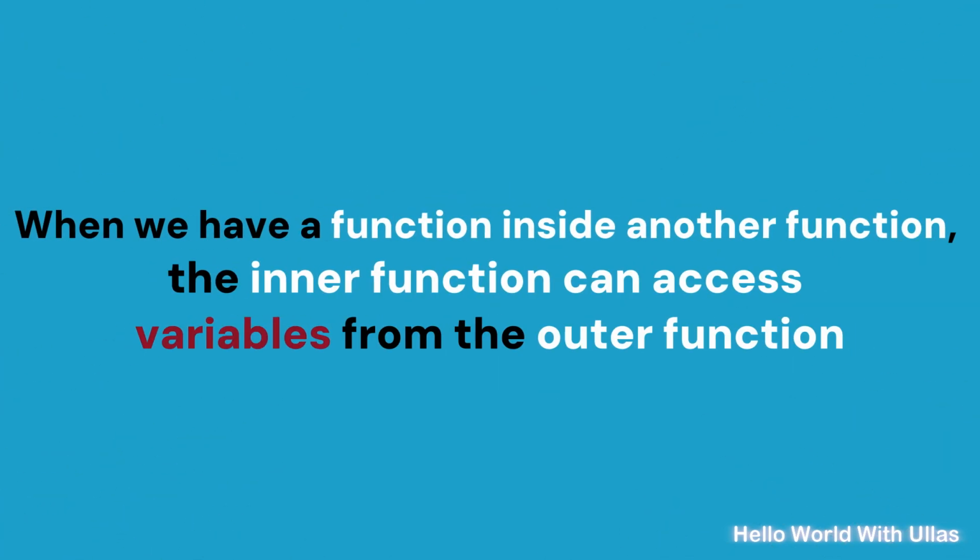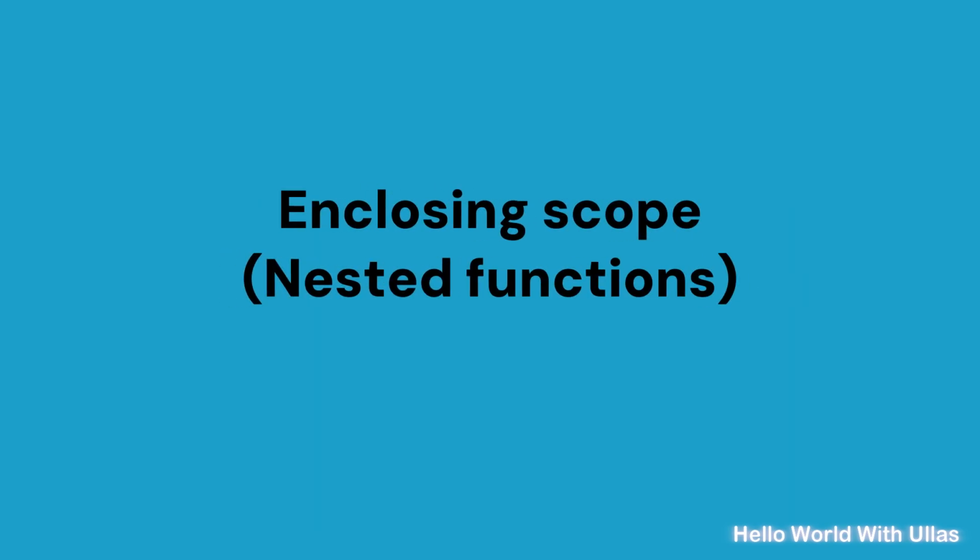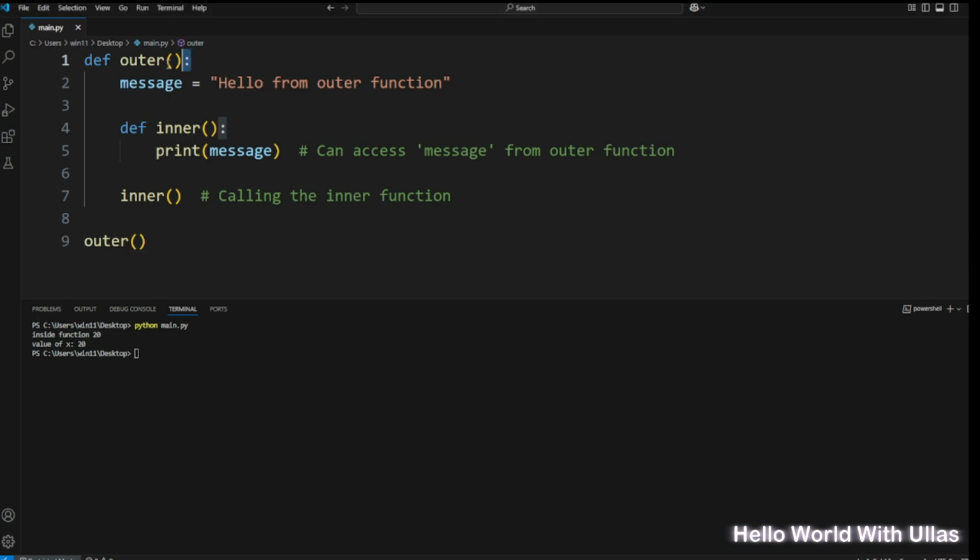When we have a function inside another function, the inner function can access variables from the outer function. This is called enclosing scope. Here I have defined one outer function, with the message hello from outer function, and inside the outer function I have defined one more function called inner, which will print the same message. We call the inner function inside the outer function, and the outer function is called.